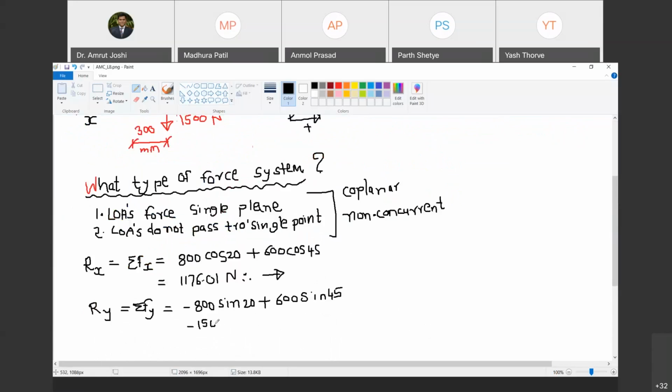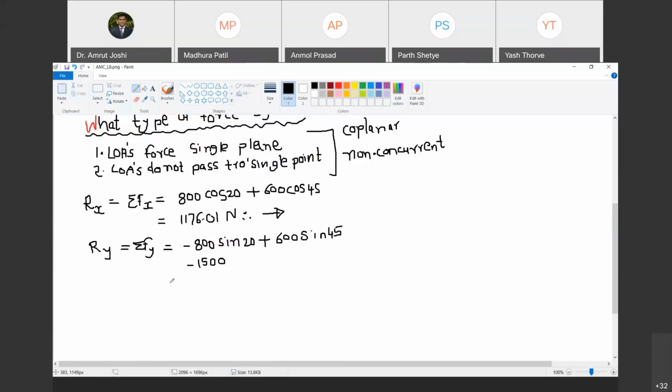Now tell me how much is this. It will be minus 1349.35 Newton, and therefore it is going to act in the negative y direction, downward.